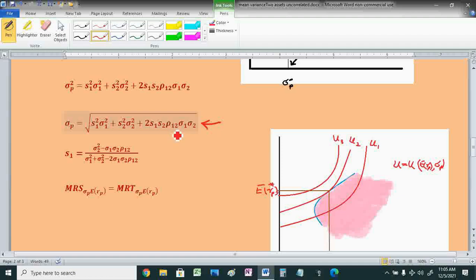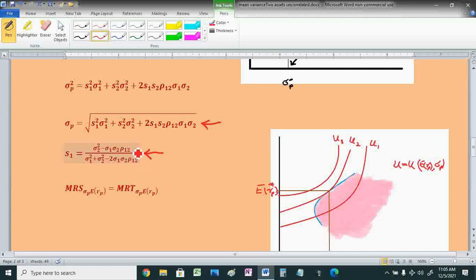If I take the derivative of this equation with respect to S1, like we did in the case where the correlation was equal to 0, I actually will be getting this formula for S1. So for any correlation between -1 and +1, this formula will be giving me the value of S1, which will be defining the portfolio with the minimum standard deviation, and then we will be able to see what the associated expected rate of return is.